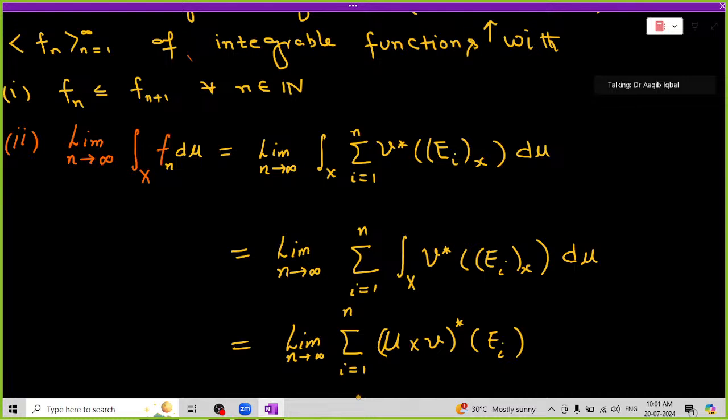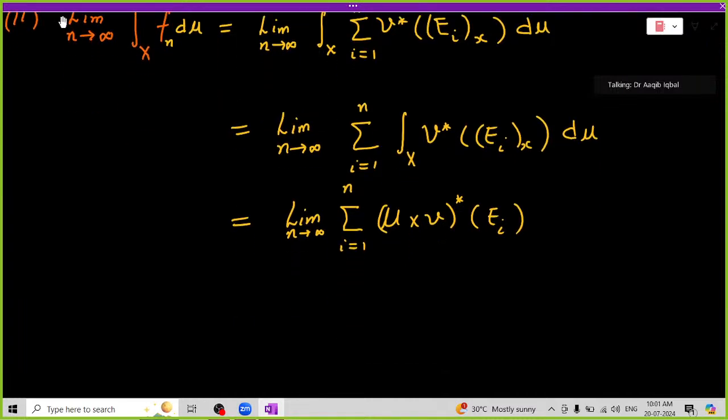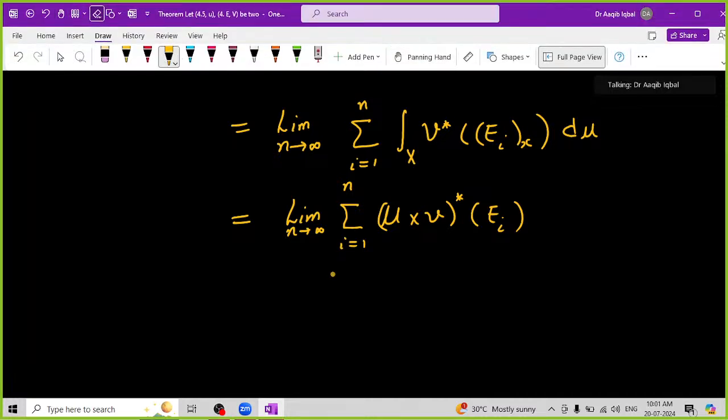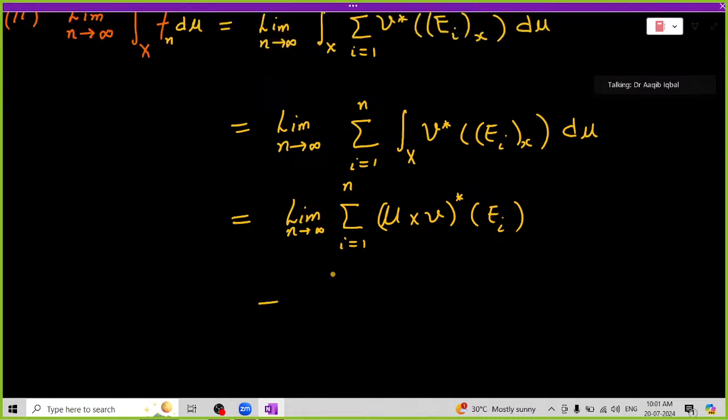E sub I is a semi-ring member, so using the third part of the result I can conclude that the integral is this outer measure, mu cross nu star of e sub I. ठीक है. Now we'll go for the limit. Summation I runs from 1 to n, n goes to infinity, so therefore it's actually summation I runs from 1 to infinity mu cross nu star of e sub I.